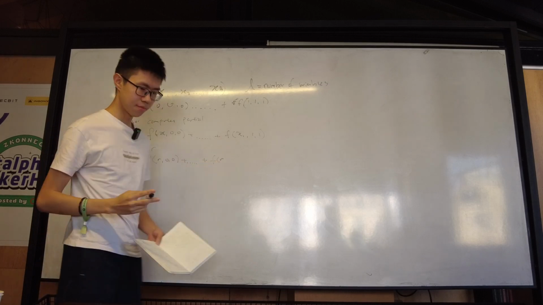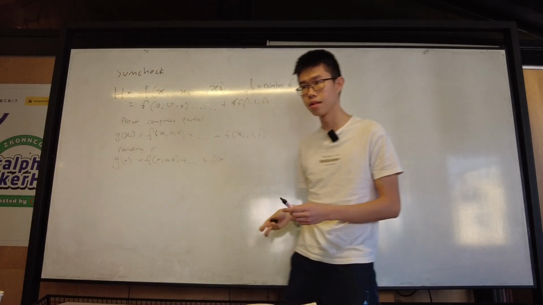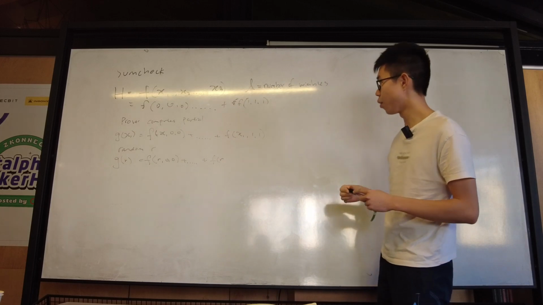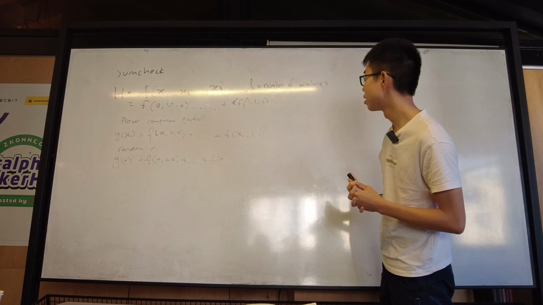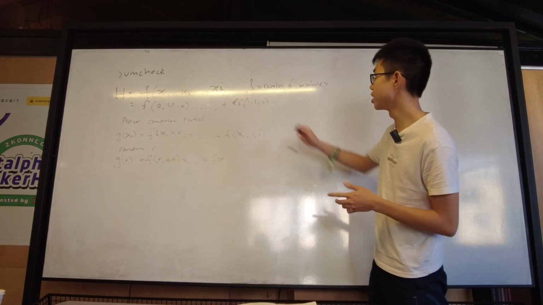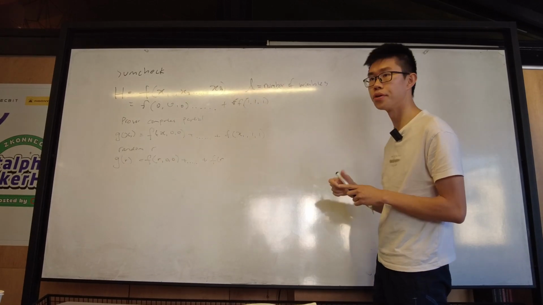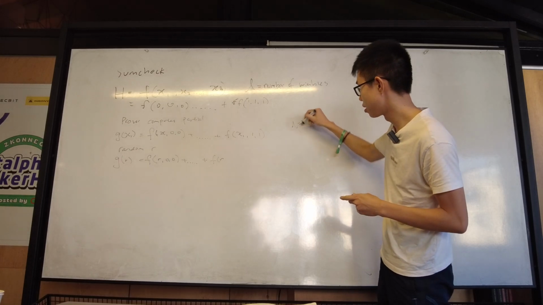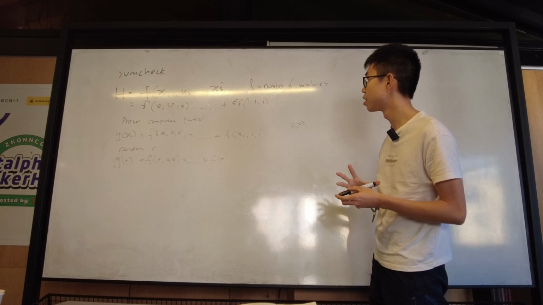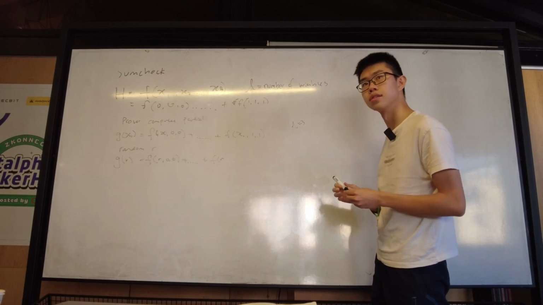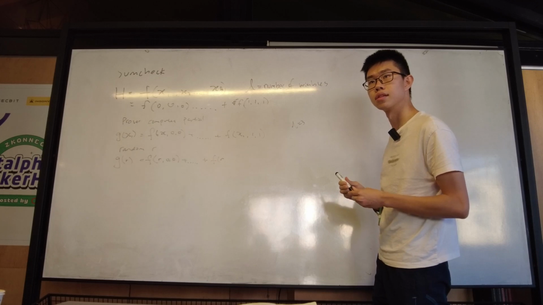In this example, L equals 3, because in the F definition there are only three numbers, 0, 0, 0.